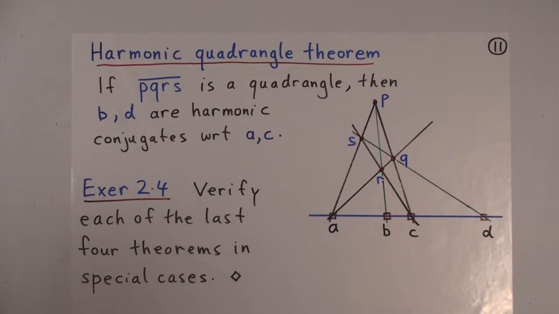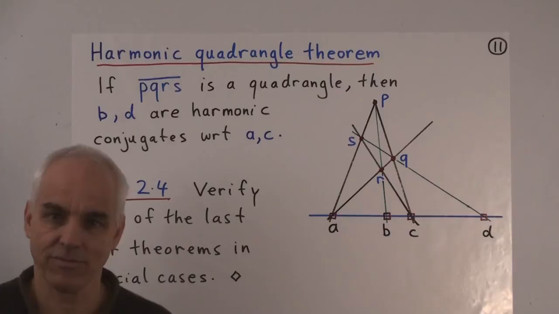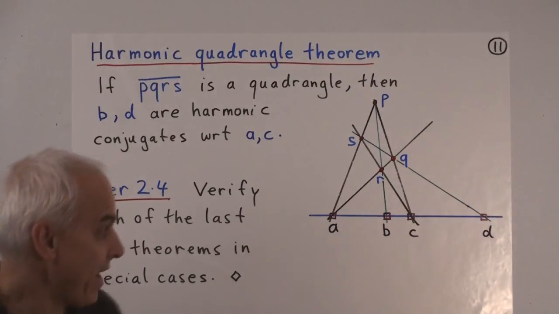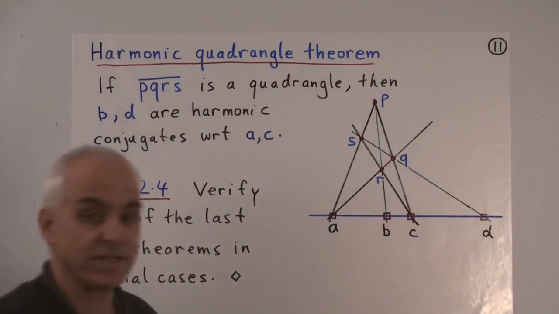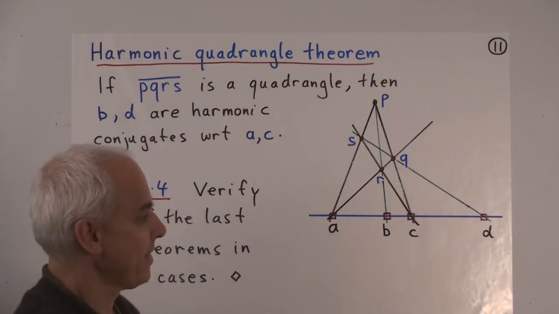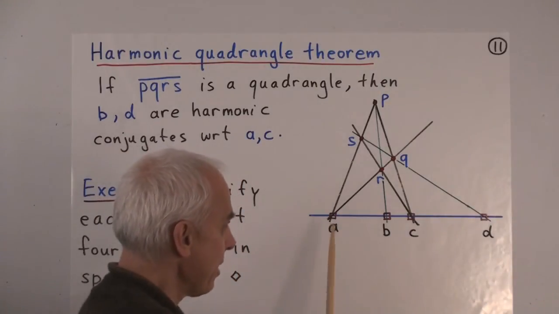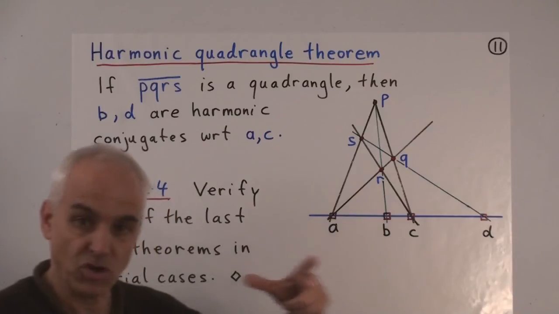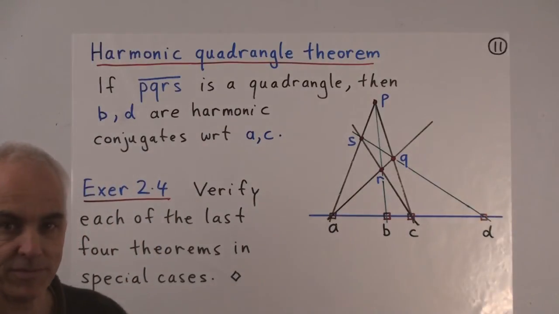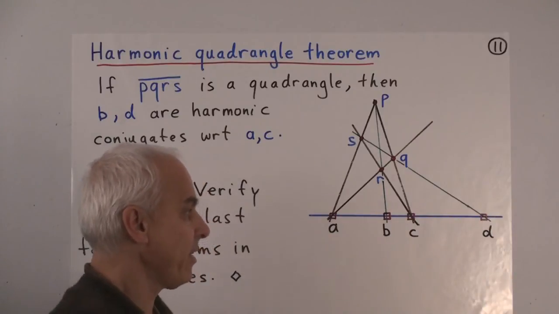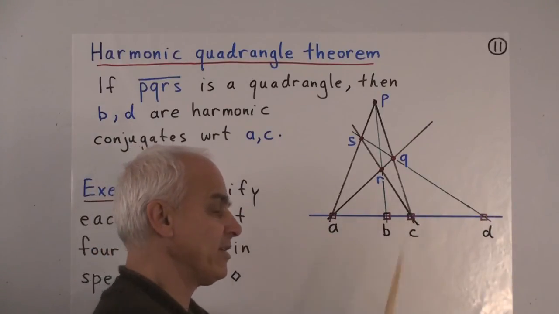So here is a useful exercise. Verify each of the last 4 theorems in special cases. Make some constructions, and then verify that this, for example, is actually a harmonic range. How do you do that? By taking your ruler, marking out the positions of those points, and then computing 2 ratios of displacements. AB over AD, for example, CB over CD.